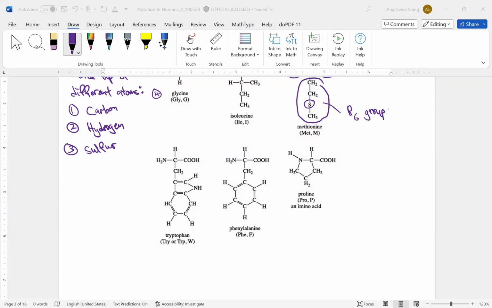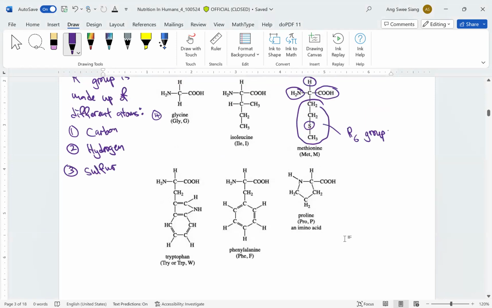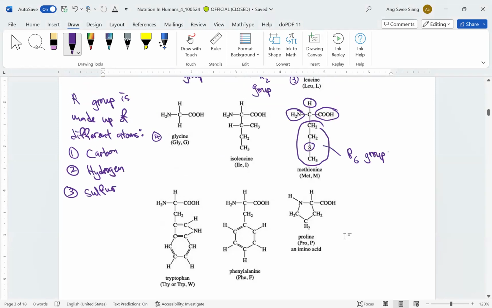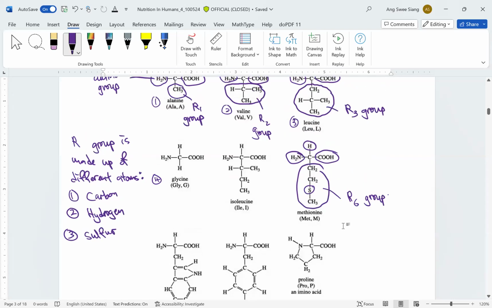I cannot remember offhand what the other terms are. If I'm not wrong, it's phosphorus. Anyway, it is not really in your syllabus. So all you need to remember, usually the R group is made up of carbon and hydrogen. The R group is a chain of carbon and hydrogen atoms usually, mainly made up of carbon and hydrogen atoms.